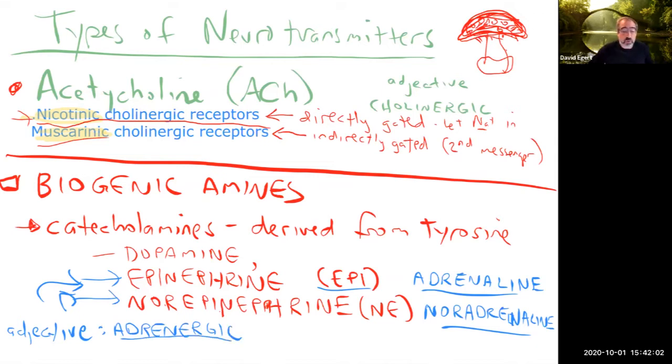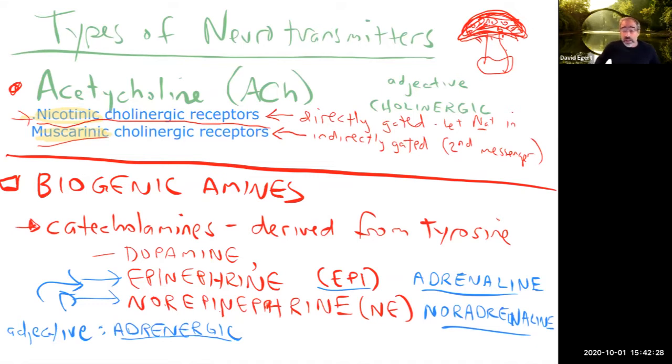This is why it's important to know that they're also called adrenaline, right? Because the adjective for something that binds epinephrine is adrenergic, which wouldn't make any sense unless you realize that epinephrine is also called adrenaline. So adrenergic means relating to epinephrine or norepinephrine.